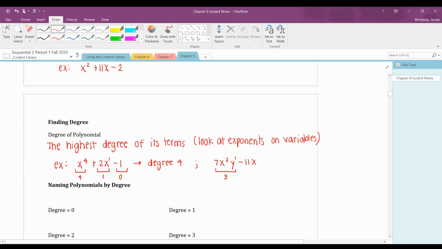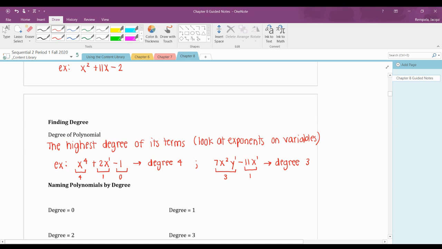So this is really a 3 because 2 plus 1 gets me 3. I didn't want to do anything with the 7 because that's not a variable. In the second term here, I see one variable. It has an exponent of a 1. So between the 3 and the 1, 3 is bigger. So this would be degree 3.